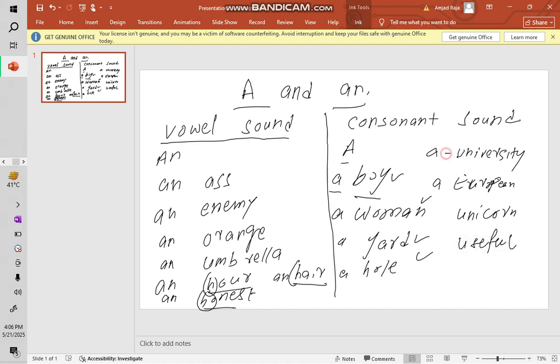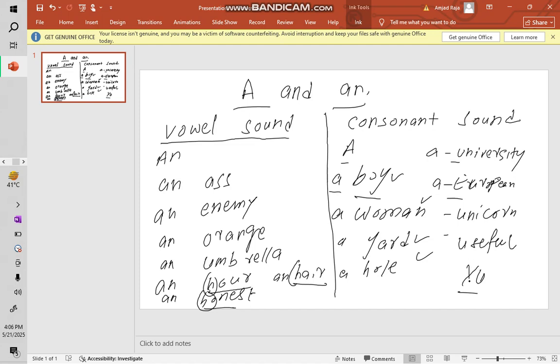Although they start with U or E, which are vowel alphabets, we are not pronouncing a U sound or E sound; these words actually have the sound yu.